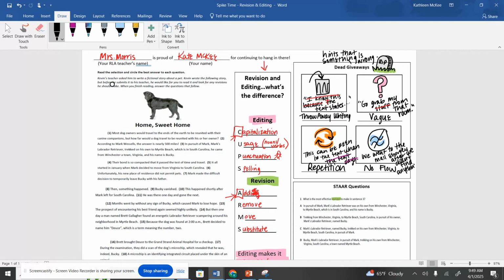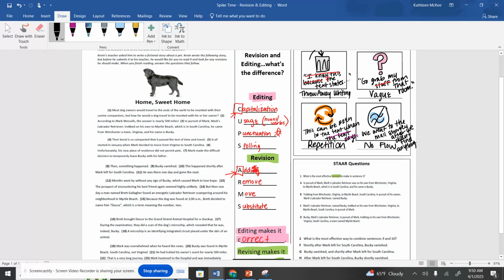Okay, it just kind of sounds weird. That's probably one of the worst examples I could have given you, but that's okay. It's just words that it sounds weird. The flow of it is very strange, okay? And you can hear it and you know that something's wrong. And I'm going to show you an example of that in these STAR questions down here.